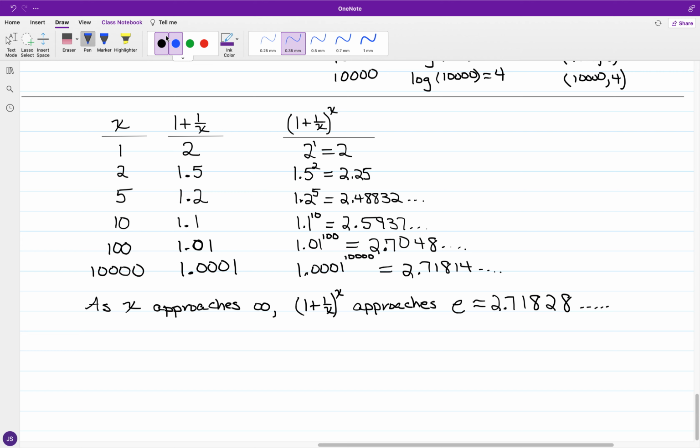And what is this base e? Well, e is what's going to be referred to as the natural logarithmic exponential base.